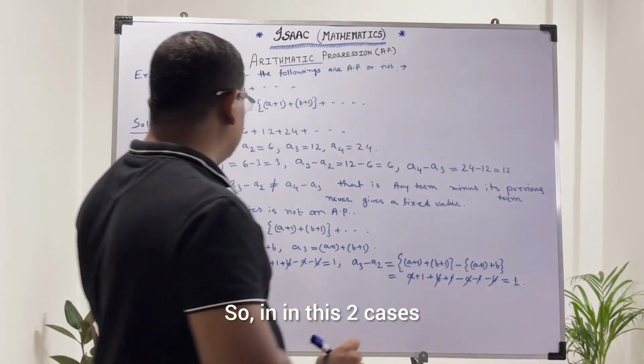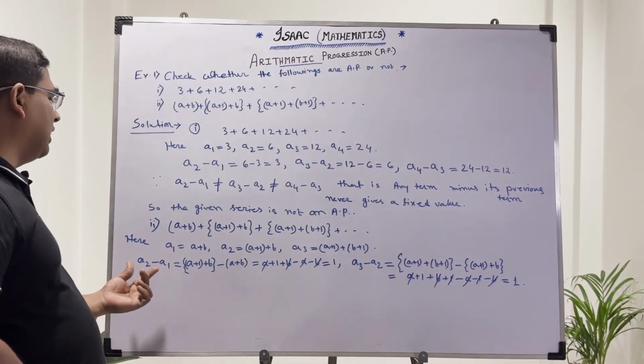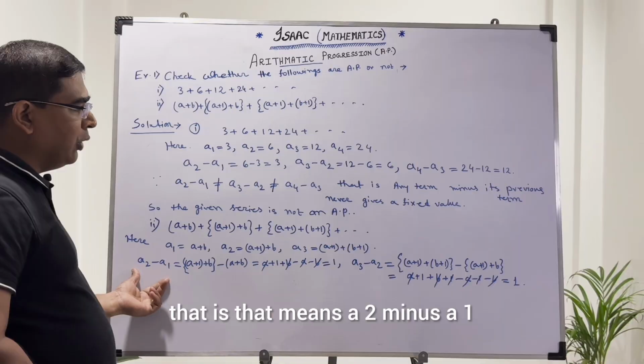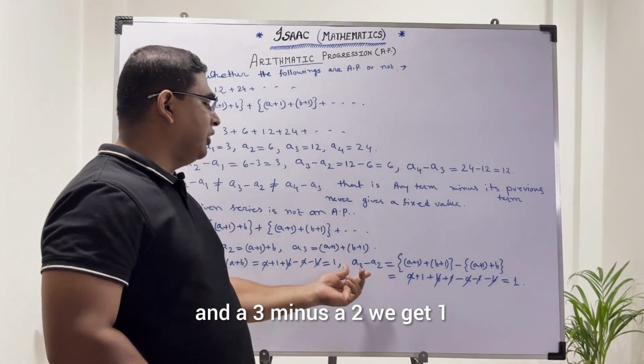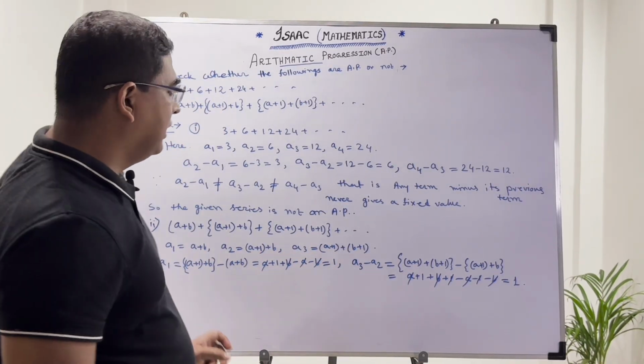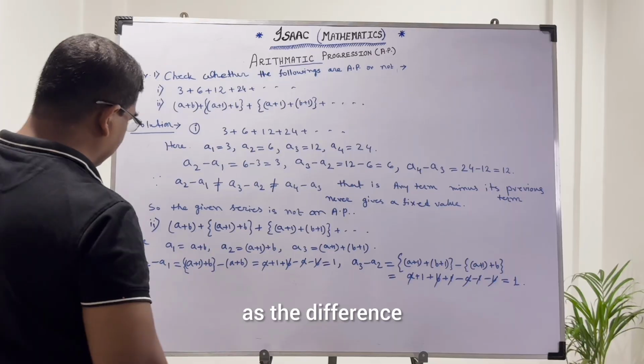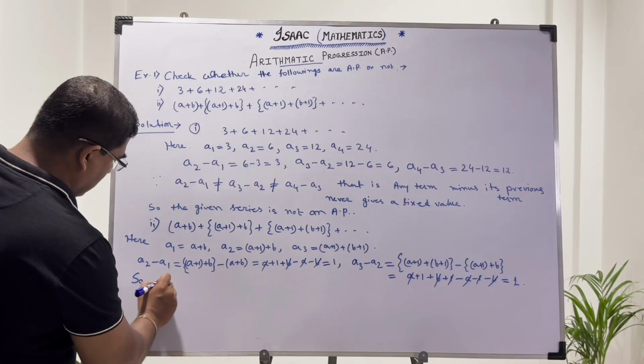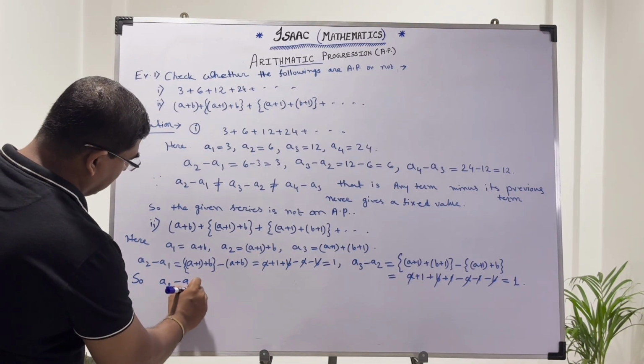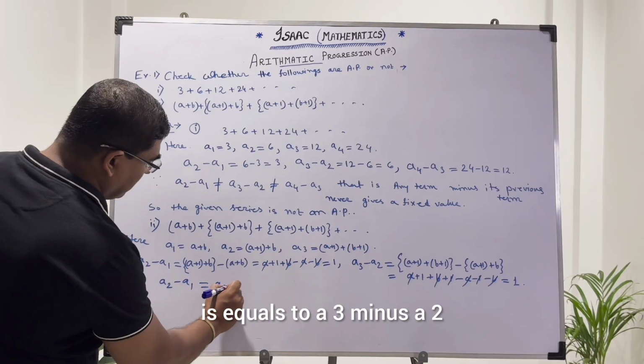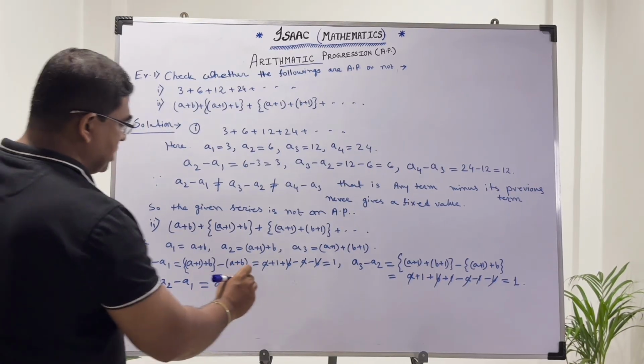So in these two cases, A2 minus A1 and A3 minus A2, we get 1 as the difference. So A2 minus A1 equals A3 minus A2.